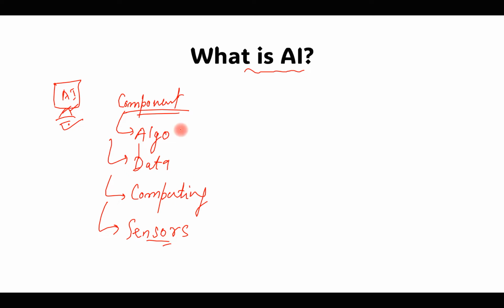If we talk about what exactly an AI algorithm is, these are like recipes that tell the AI how to learn and solve the problem. This learning and problem solving is done through the algorithm. Data is a kind of fuel that powers AI.